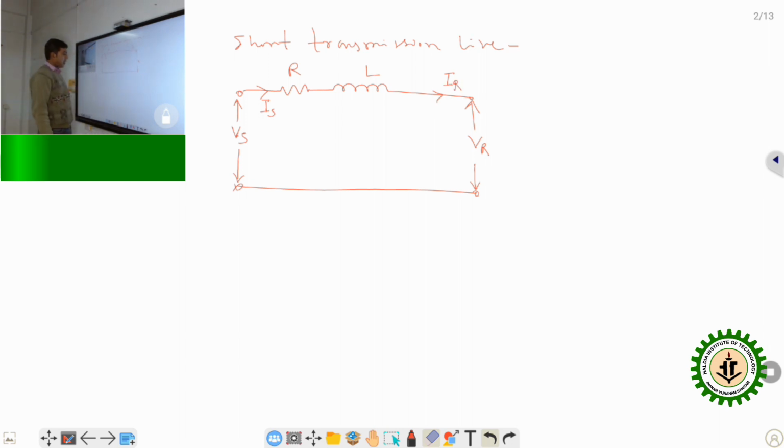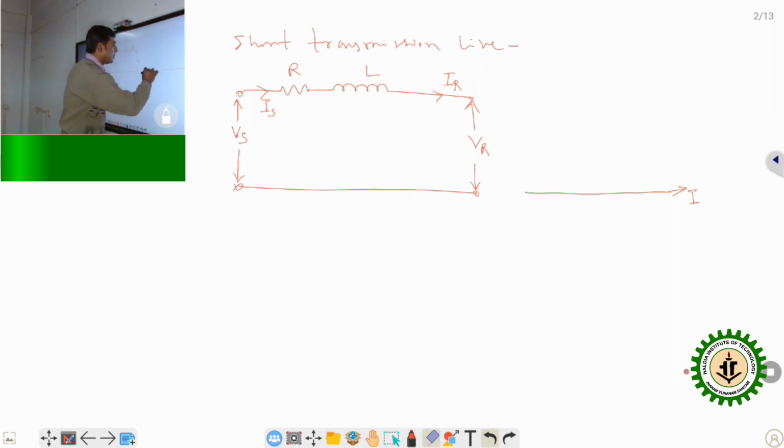Now, first we will draw the phasor diagram of the particular transmission line. Here I am considering, suppose this is I. This is lagging because this is like an RL circuit, so lagging.